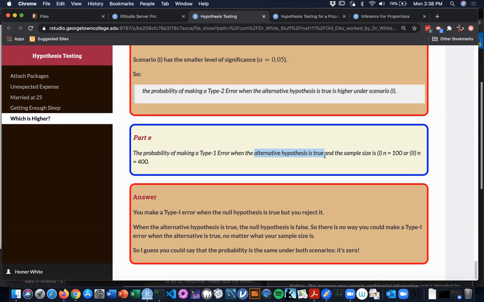So the null is false, and you cannot make a type 1 error. You cannot incorrectly reject the null when the null is false. So no type 1 error is possible. Therefore, under either scenario, you cannot make a type 1 error. You could say 0% chance of making a type 1 error in either scenario. So I guess I'm going to have to say that the probability is the same under both scenarios. It's 0.